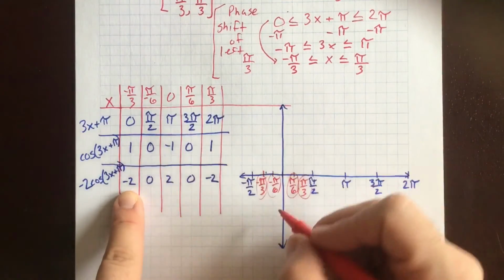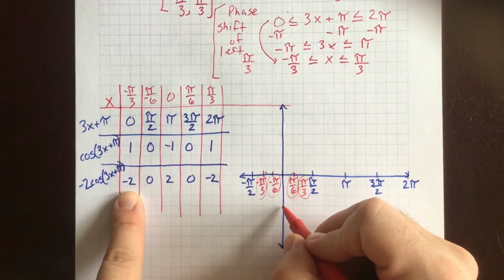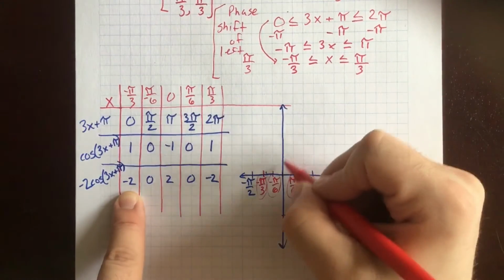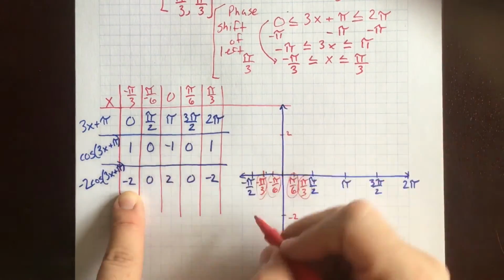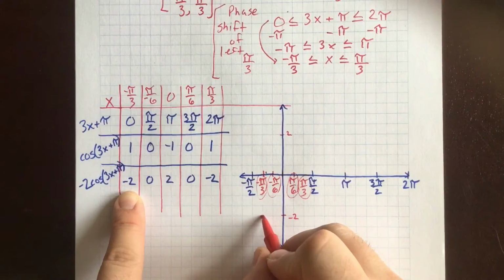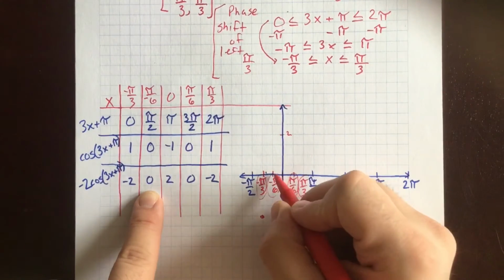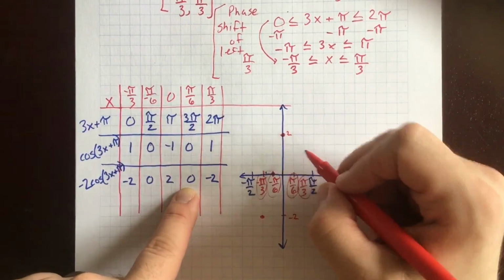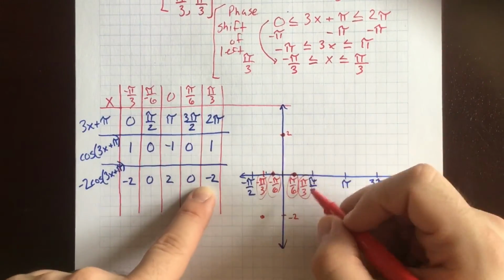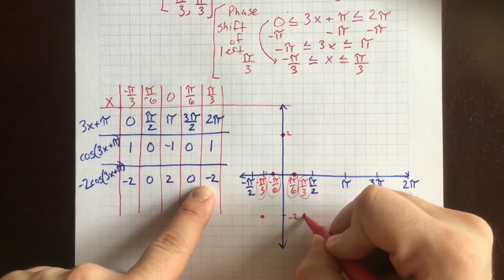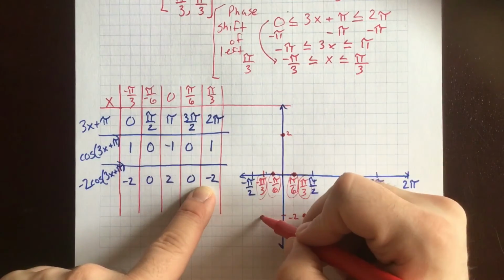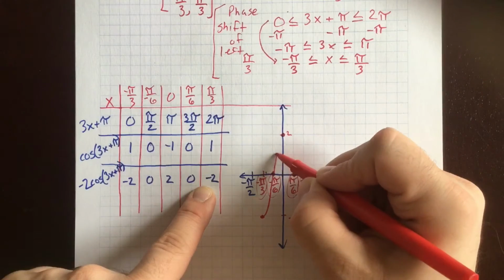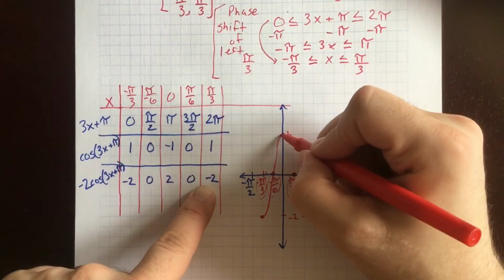Negative pi over 3. We go down to negative 2. So 1, 2, 3. Put negative 2 right here. Positive 2 would be up here. So negative 2. At negative pi over 6, we're at 0. And positive 2. And then 0. And then negative 2. So we would have something that looks like this.